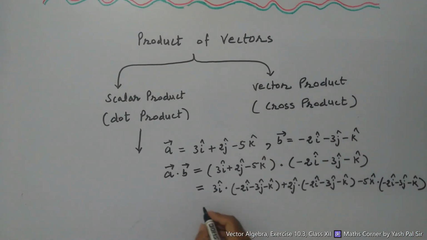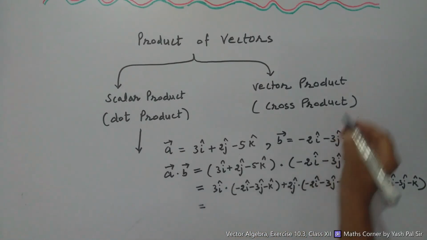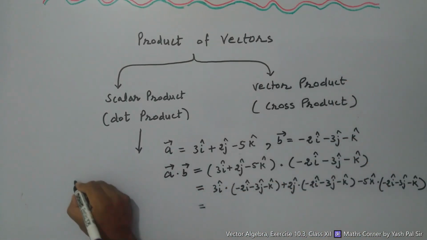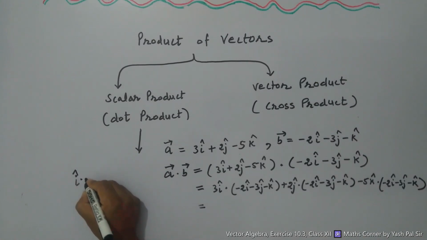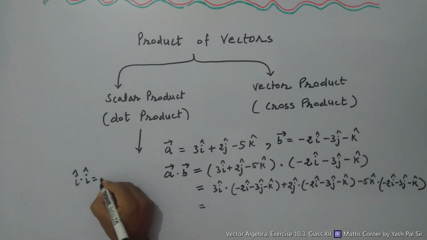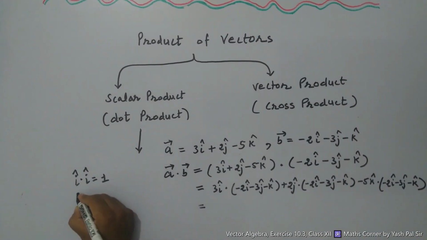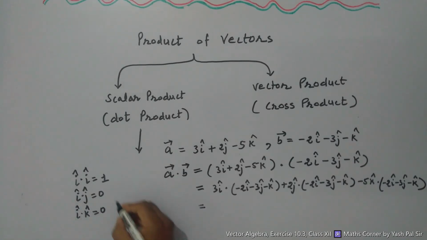Now what happens? We know that i dot i is equal to 1, i dot j is equal to 0, i dot k is also equal to 0.